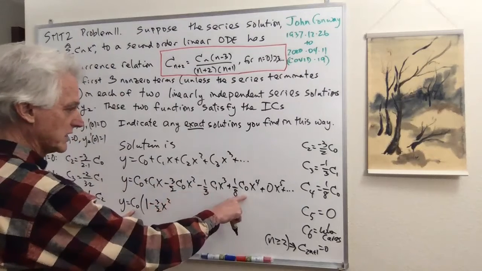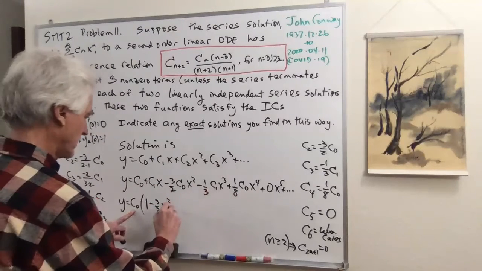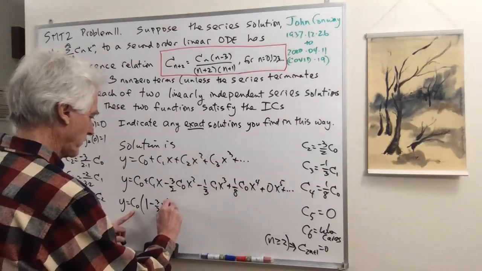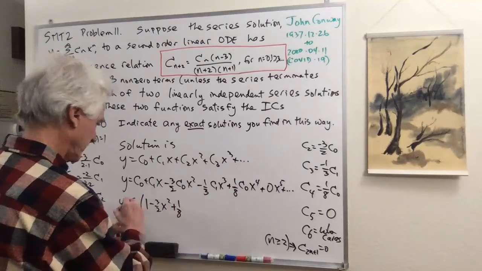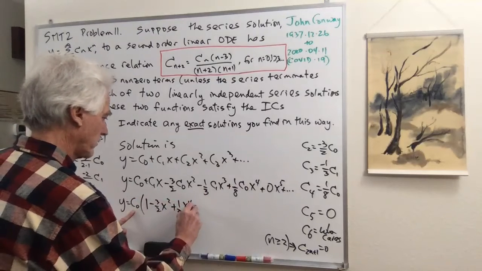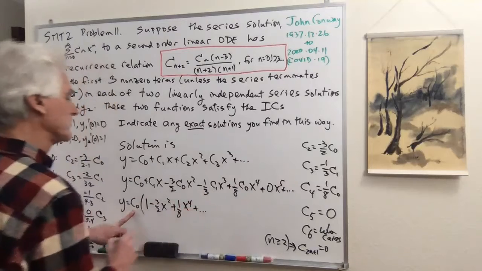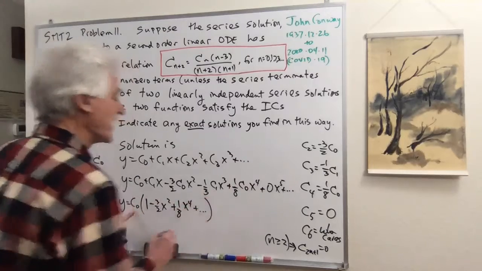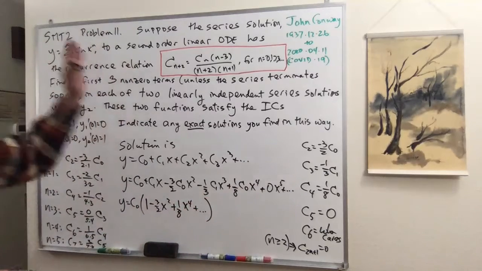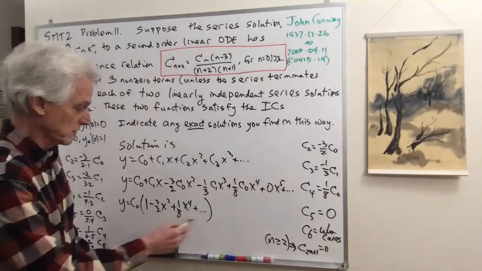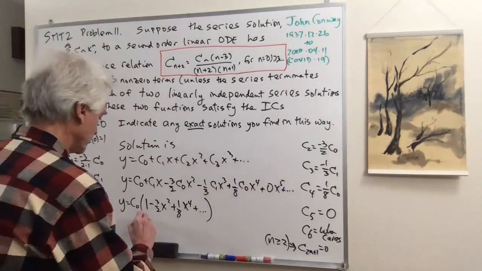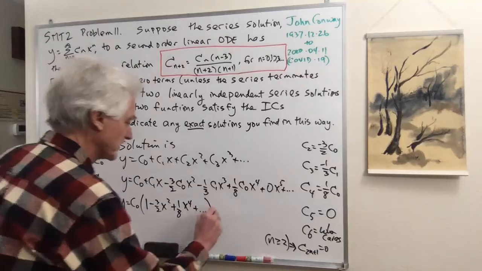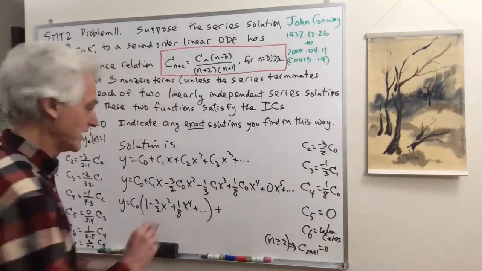And then I also got a C0 times an 8 x to the 4th plus, who cares? Because they want 3 non-zero terms. I found 3 non-zero terms, and this is in fact the y1, but let's just do that in a minute.